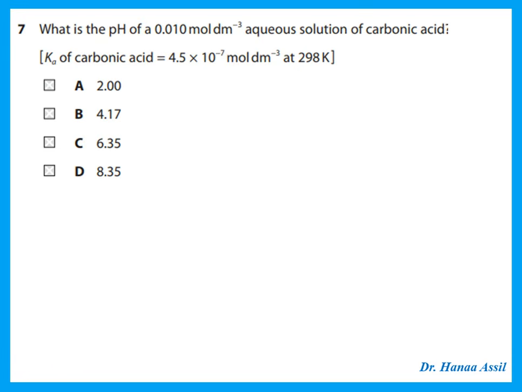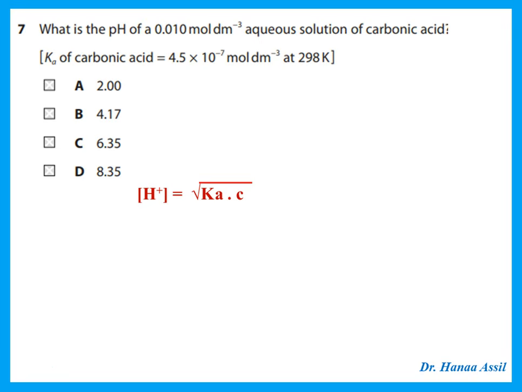Okay, what is the pH of this solution of carbonic acid? He gives me the Ka of the carbonic acid, and he wants the pH, and he gives me the concentration. You should realize the concentration of H plus ions is what I'm going to use to get the pH. Concentration of H plus ions is the square root of the Ka times the concentration.